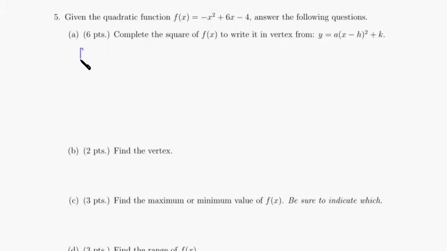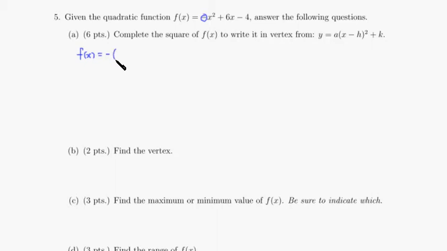So f of x is equal to negative x squared plus 6x minus 4. I don't like this negative sign sitting in front, so I'm just going to factor it out, actually just from the first two terms.